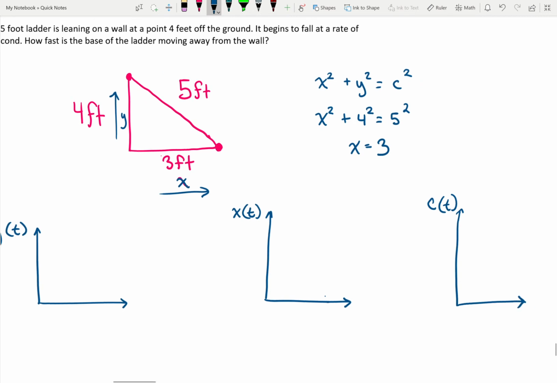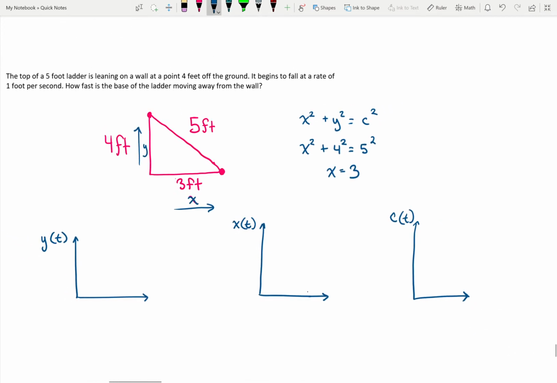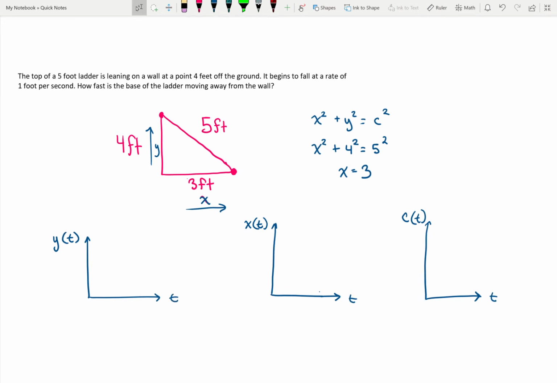Okay. Maybe I'll zoom out. So how high is the ladder off the floor? We're talking about the y component right now. How high does it start off of the floor? Well, it starts off at 4 feet high. And as time passes, we realize that as each second passes, it gets 1 foot lower and lower and lower.